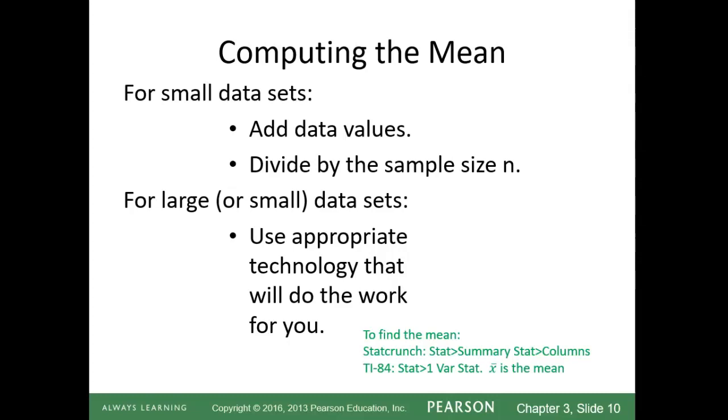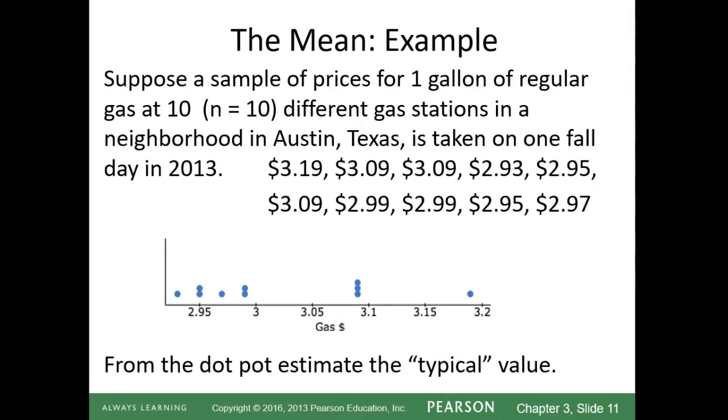The shorter video on StatCrunch shows you how to calculate the summary statistics in StatCrunch. And for the TI-84, the command is there to get the statistics for one variable in X bar. Then X with a bar over it is the mean, and we will use that terminology here in this class as well.